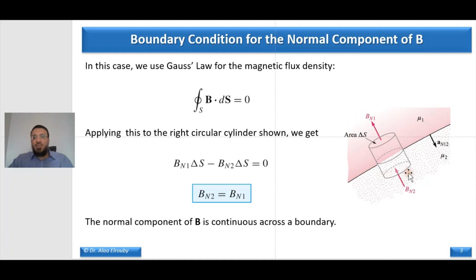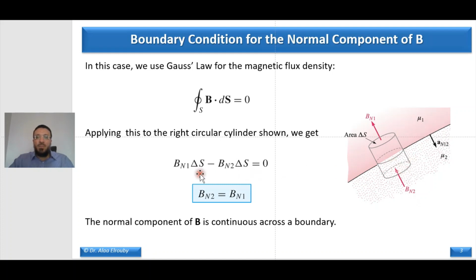For the other surface, the surface at the bottom, there is a difference. ds for the bottom surface is going out of the volume, in the down direction, while we are considering the direction of the normal component to be up.